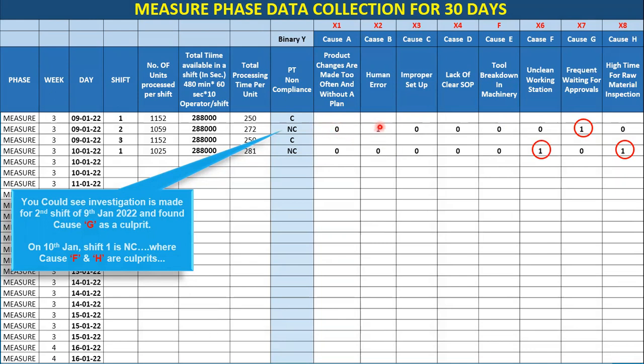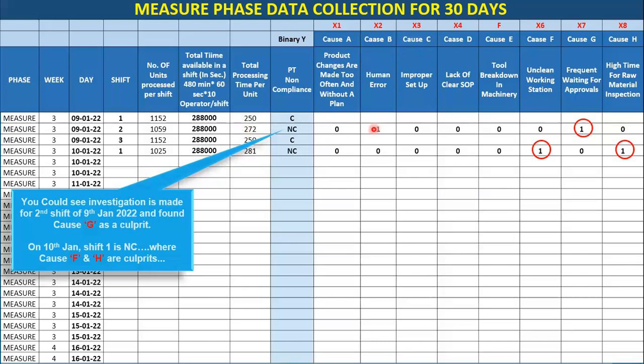So here you could see that for shift number 2 on 9th of Jan, human error was the culprit, and the second one was frequent waiting for approval, which led to producing fewer units, and that ultimately led to higher processing time per unit.